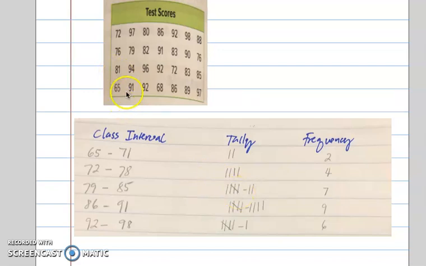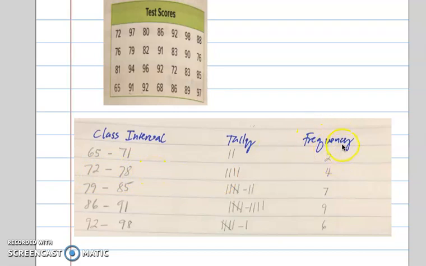Then 65, I'm going to put a line here. So basically you are going to tally all the information that you have here. And this means that there are 2 people who have a score of 65 to 71, and there are 4 people who had scores from 72 to 78.